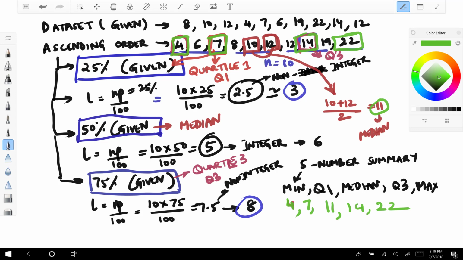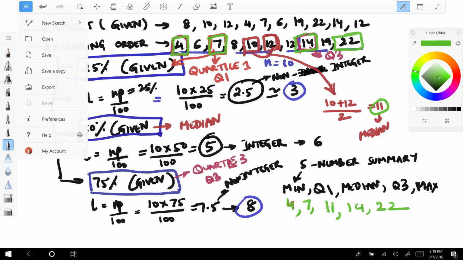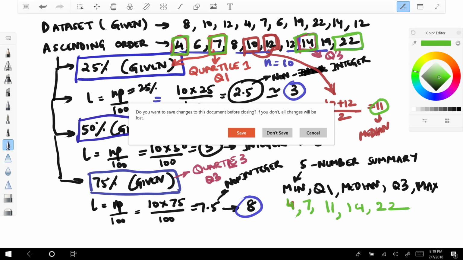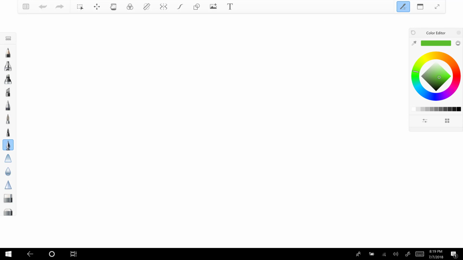So let me use a new sheet to explain this concept better.